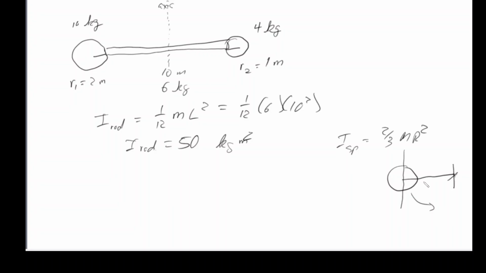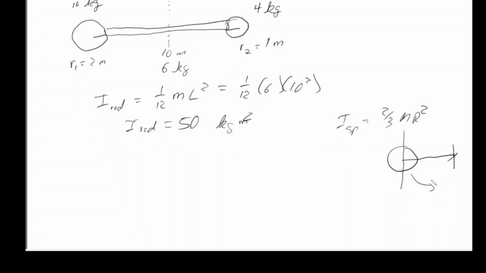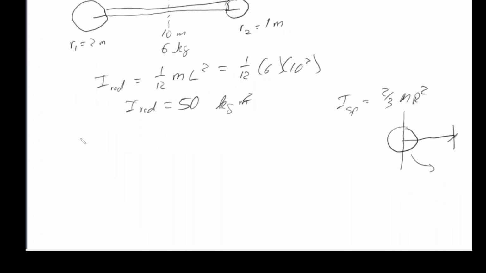So this is why we have to use the parallel axis theorem. So let's look at that. That says that the moment of inertia of the sphere would be equal to the moment of inertia through the center of mass of the sphere, which is this, plus mass times h squared, where h is the distance the sphere center of mass is away from the axis of rotation.